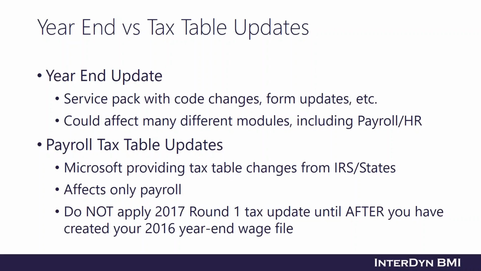And we don't really want to change the state withholdings and the IRS withholding tables for 2017. We don't want to do those right now because we're still running payroll in 2016. And so it's important to not put that on until we've actually finished our 2016 payroll, we've created the year-end wage file, so we've got the data pulled out, and we're ready to do 2017 payroll for the first time.